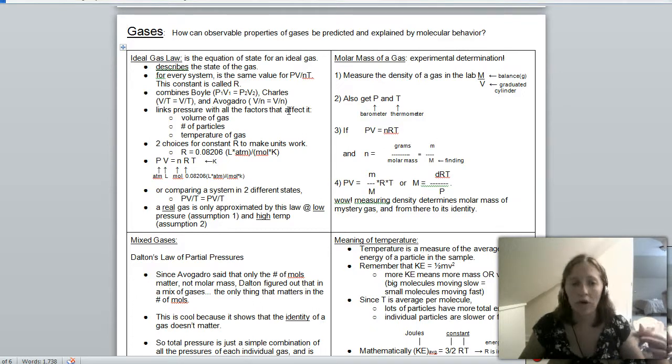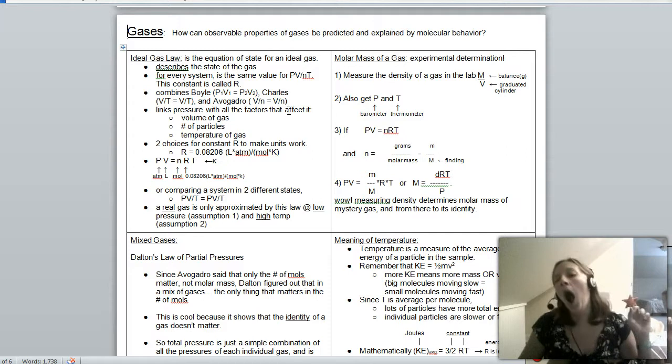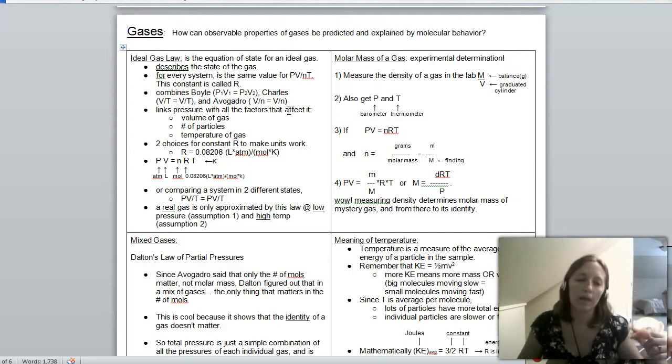So the value of R, which we've discussed before, is 0.08206 when you're using atmospheres, liters, moles, and Kelvin. When you're using energy related stuff, it's 8.3145 joules per mole kelvin.